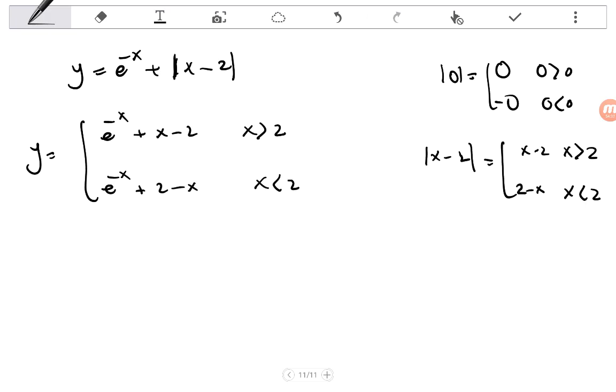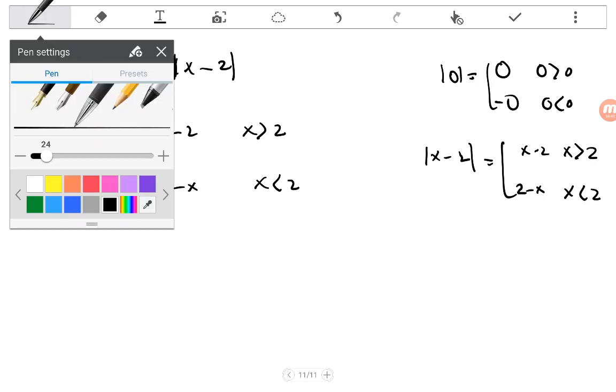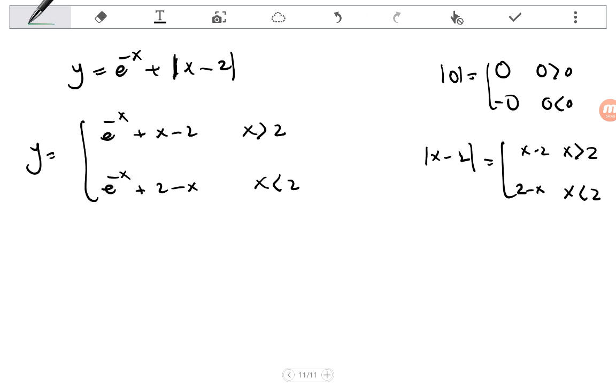So I've rewritten it as this expression. Now I need to find the global extremes and the local extremes, hence find the range.